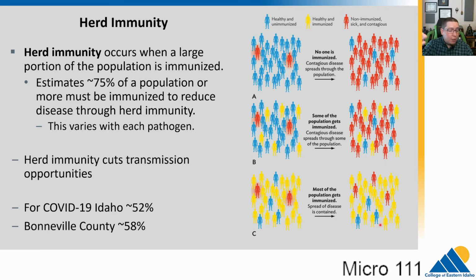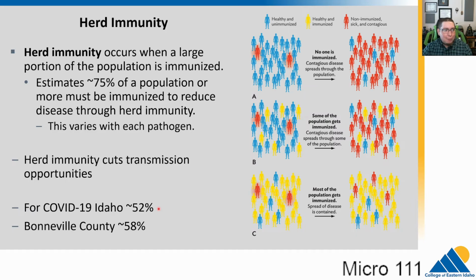Think back to the beginning of this chapter when we talked about Maureen. She'd been vaccinated, but she has a cancer that's affecting her immune system. She got measles because someone chose not to vaccinate their child against the measles, and it transmitted to her and could have potentially killed her. So this herd immunity is something that goes beyond just protecting yourself to also helping the rest of society.